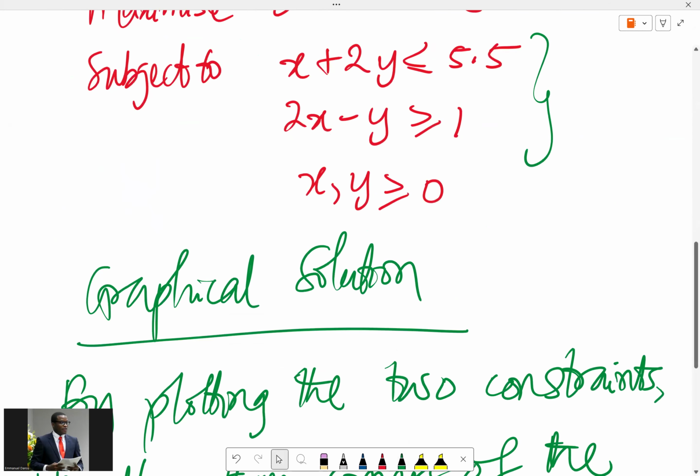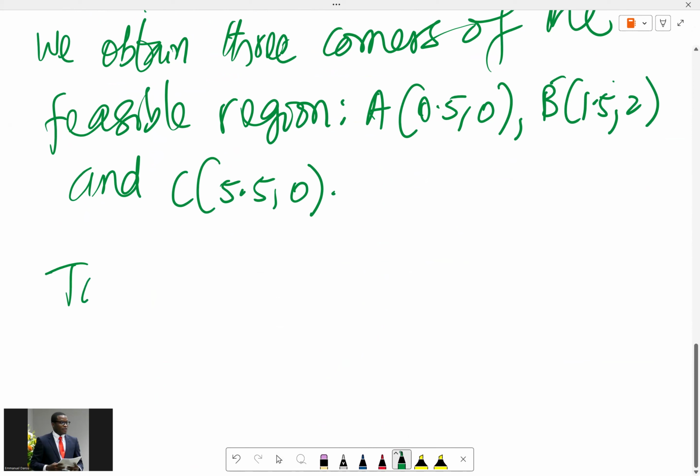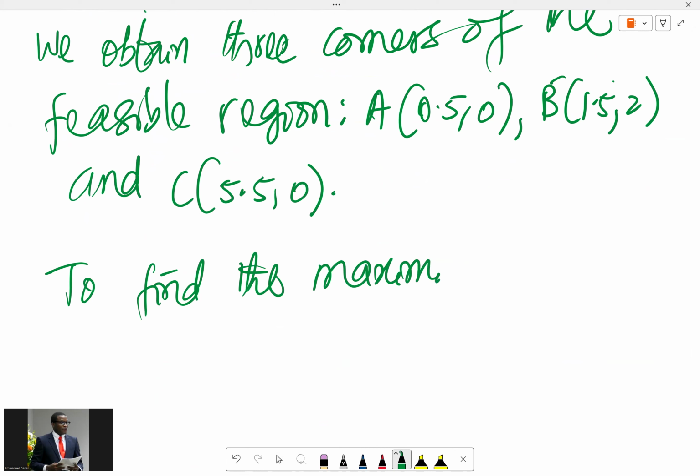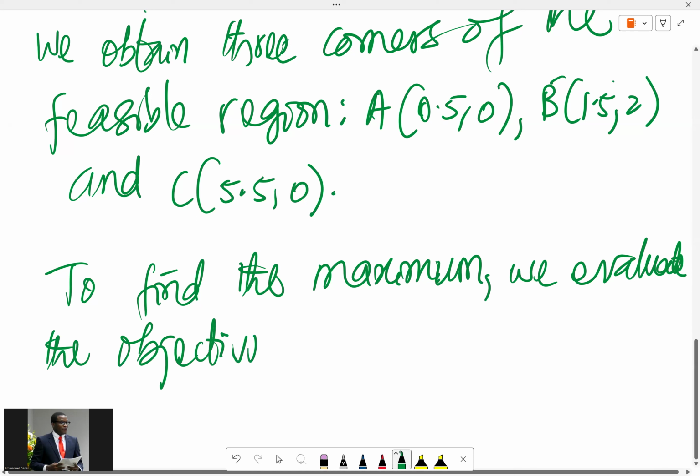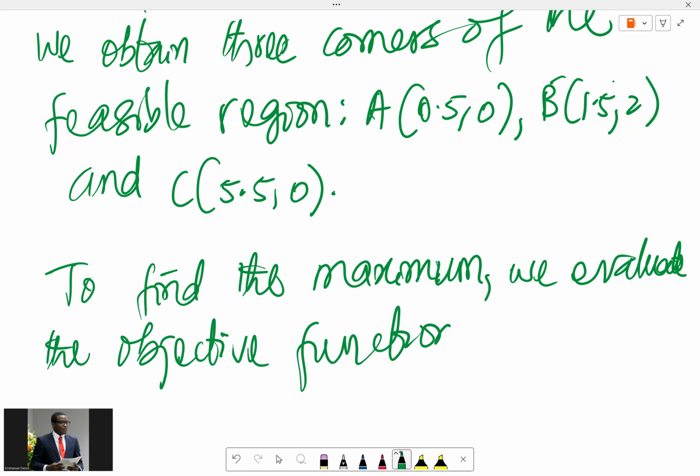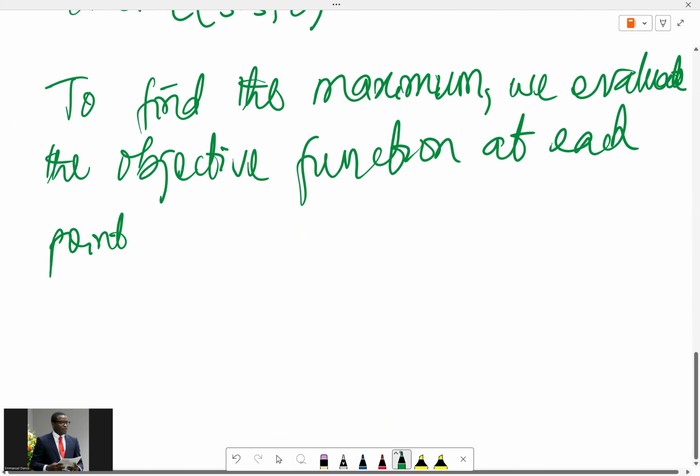So to know the maximum, we have to use the objective function, which is Z. To find the maximum, we evaluate the objective function at each corner point.